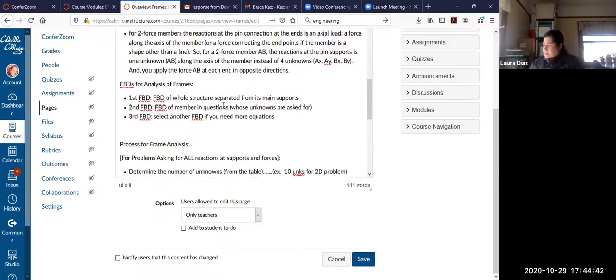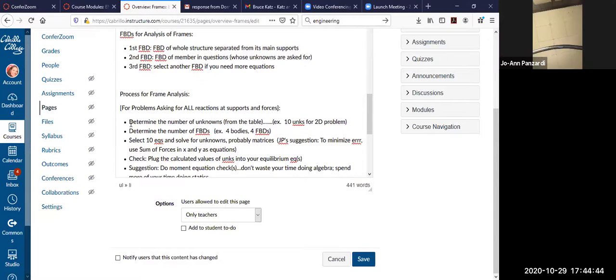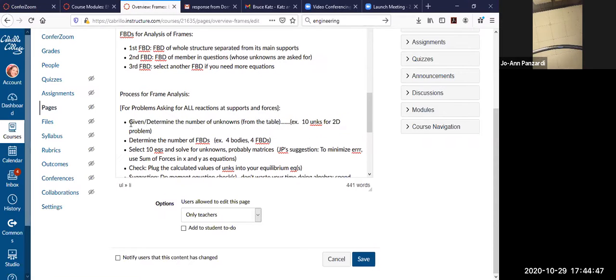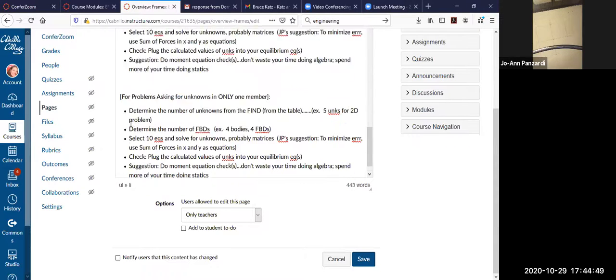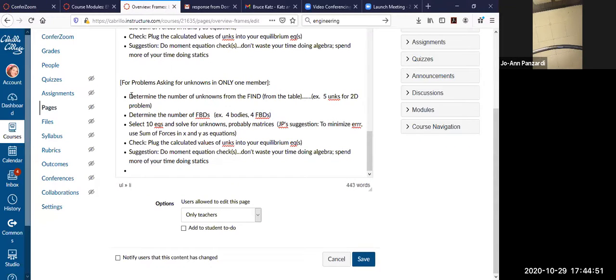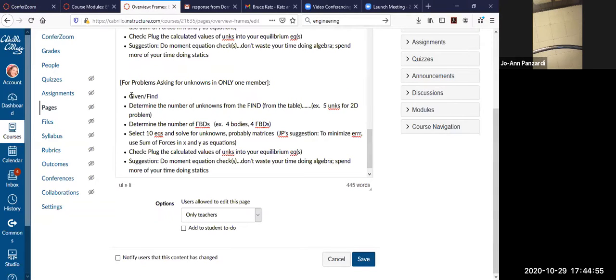Oh, so we're supposed to do find. I didn't say to do find, given and find. Got to do given and find first. It's better to do this with you so that I make sure that you understand. You're helping me with wording. You're going to determine the number of unknowns from the find.